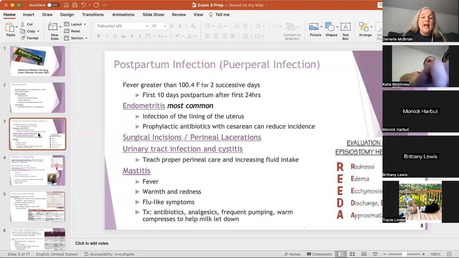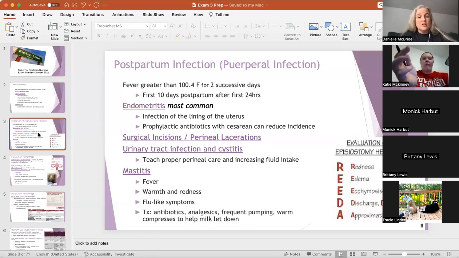So when might I give a prophylactic antibiotic to try to minimize the risk of developing endometritis? With cesarean. With a C-section. Because if we open the uterus, we are increasing our risk of causing infection inside the uterus and the endometrium.